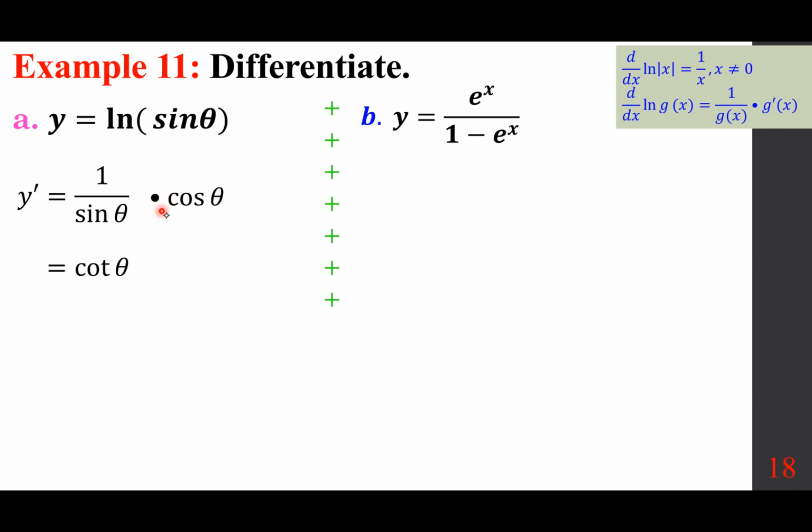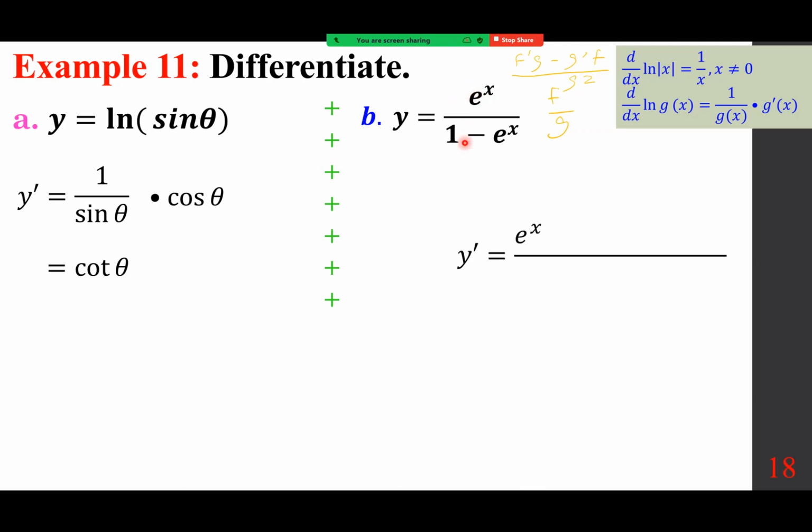In this case, we use the quotient rule. And as you know, quotient rule is shorthand notation, f prime g minus g prime f over g squared. Therefore, the derivative of the top is itself times the bottom one, minus e to the power of x.